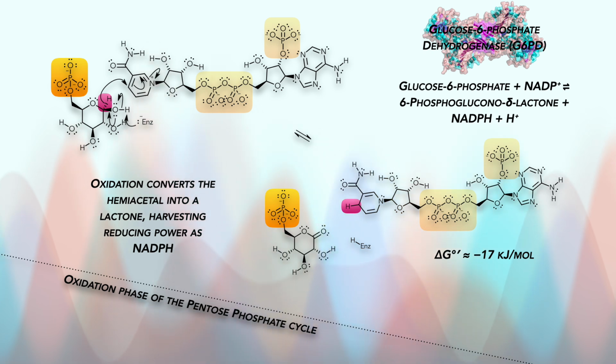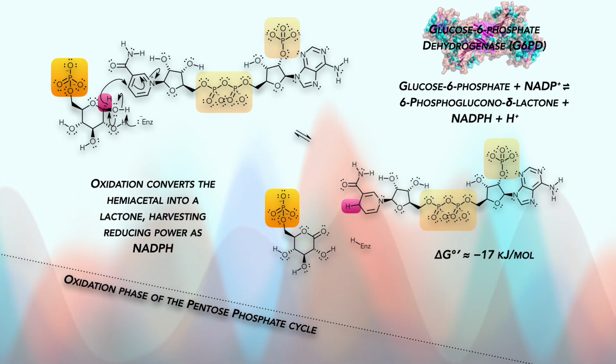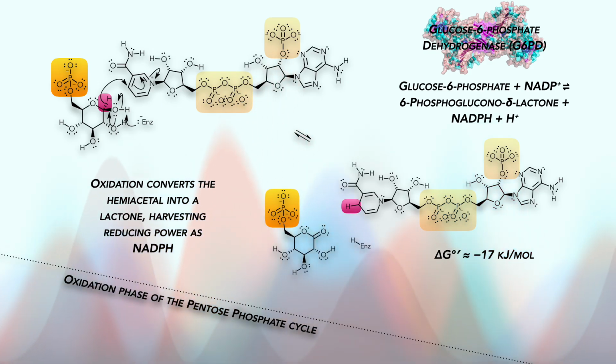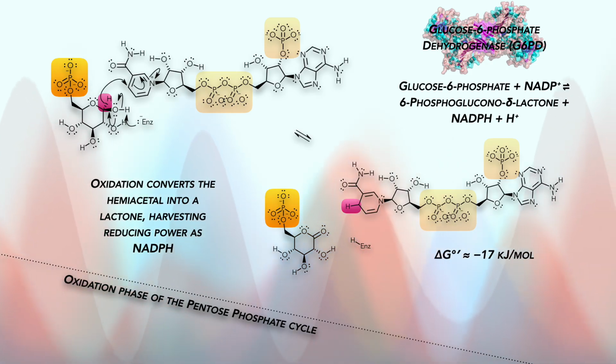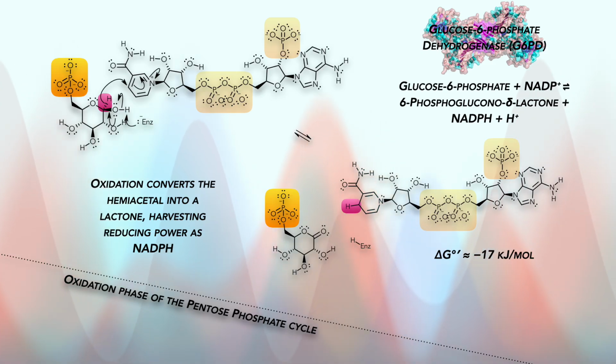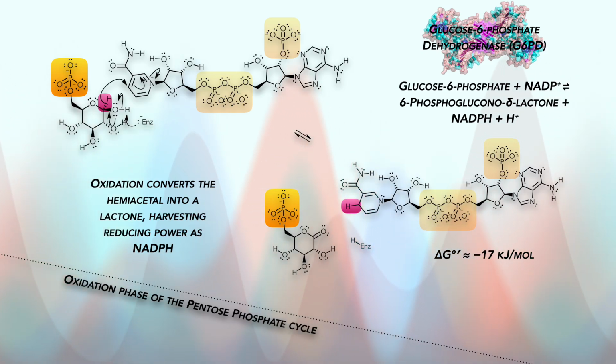Oxidation converts the hemiacetal carbon into the carbonyl of 6-phosphoglucano-delta-lactone. The 6-carbon skeleton and phosphate are conserved. The oxidation state, however, changes, and reducing power has been harvested. This is the first committed step of the oxidative branch and the first of two NADPH producing reactions.